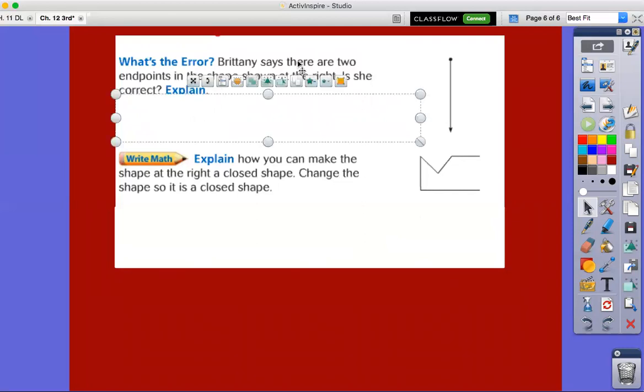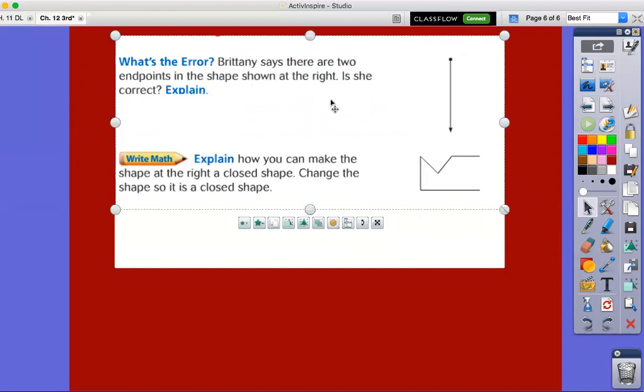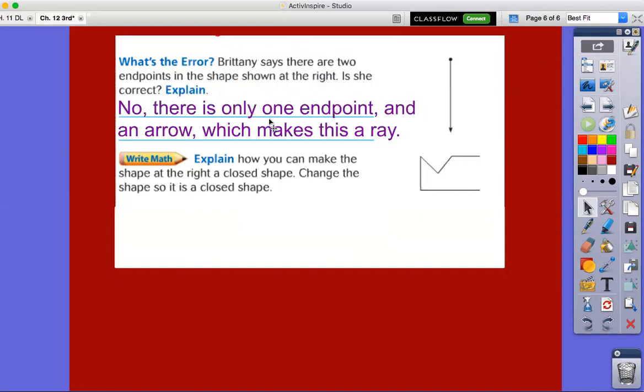What is this shape right here? I mean, this line. What kind of shape is this? What do we call this? We call it a ray. No, she's not right. There's only one endpoint and an arrow, which makes this a ray. So she said there were 2 endpoints. There's only one with an arrow, so we know that's a ray.